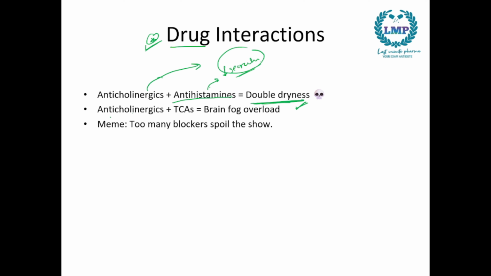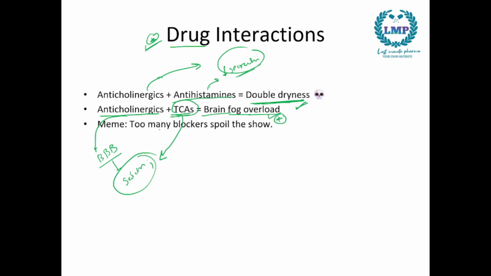And if we talk about anticholinergic with tricyclic antidepressants, I told you anticholinergics can cross the blood-brain barrier and cause sedation, delirium, and all these things. These antidepressants are also going to cause the same thing, which can lead to brain fog, too much confusion for the patient.